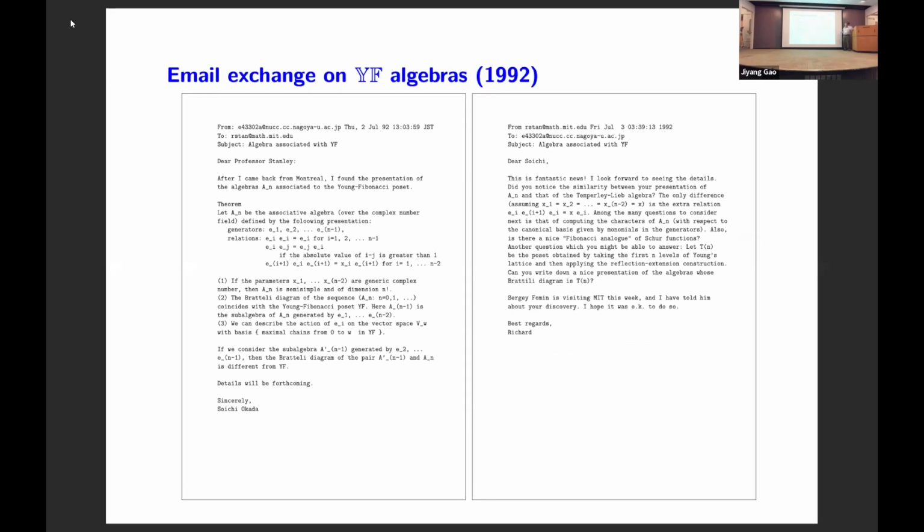This email tells that I found algebraic structures, the generators and relations of the symmetry of algebra associated with the Young Fibonacci lattice, and the reply came the next day, and that's fantastic news. So, okay, let's get to the mathematics.